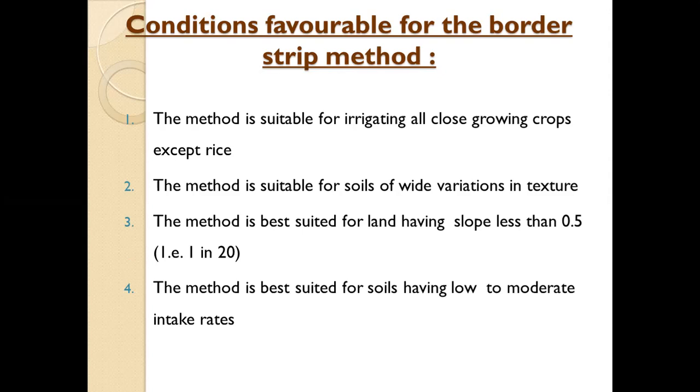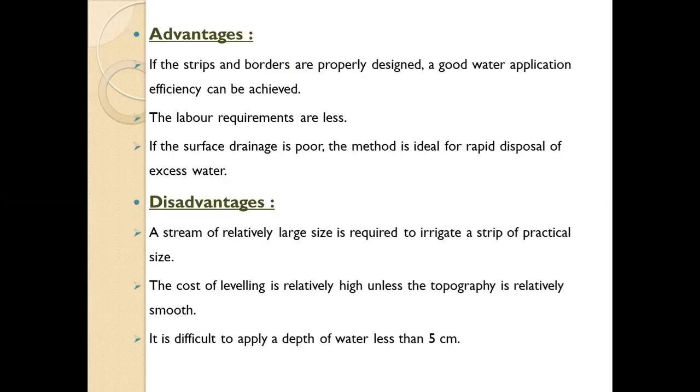First, it is useful for all close growing crops except rice. Soils of wide variation in texture are also suitable. Land having slope less than 0.5 is also in favor of this method. And the last one is low to moderate intake rates. So what are the advantages and disadvantages?